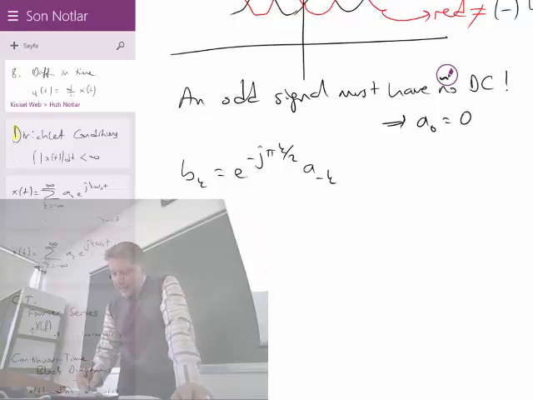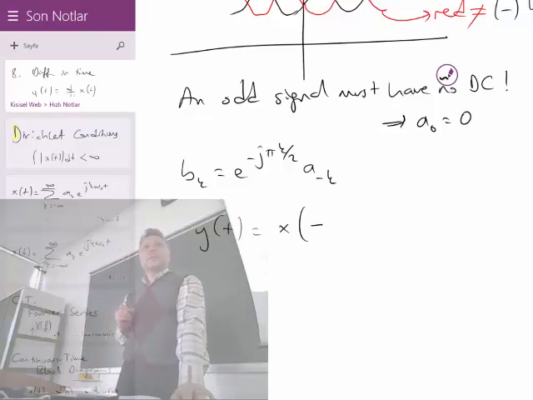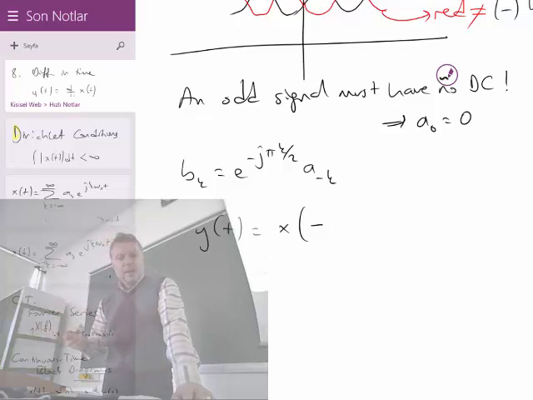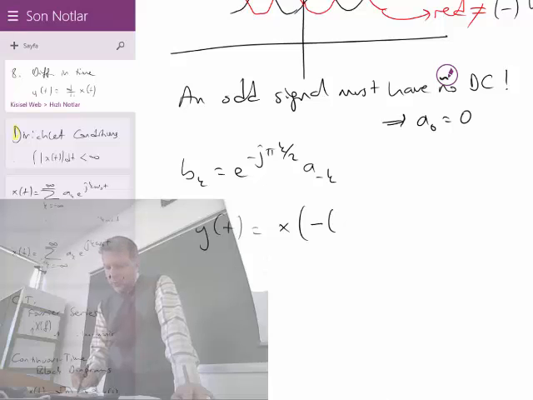First of all, a minus k, so x of t and y of t are related like this. Due to a minus k, y of t is equal to x of minus t with a shift. And the amount of shift is, how much is that? 2 pi k over 4 is already the frequency.